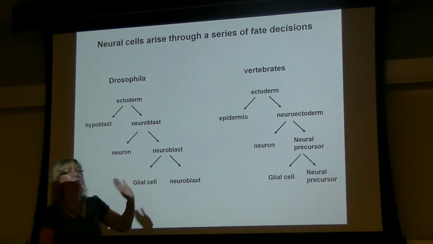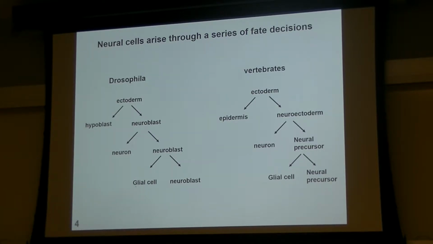So there are certain parallels we can see between Drosophila and vertebrates, and this gives rise to the possibility that we might see some similarities in mechanisms and possibly some similarities in genes the organism is using to get this job done.